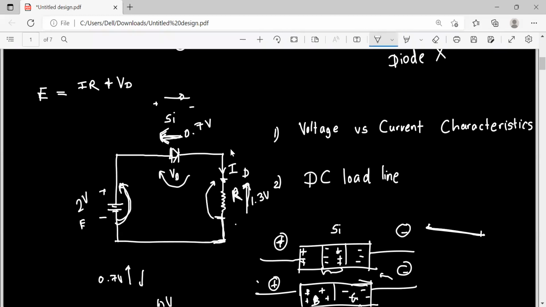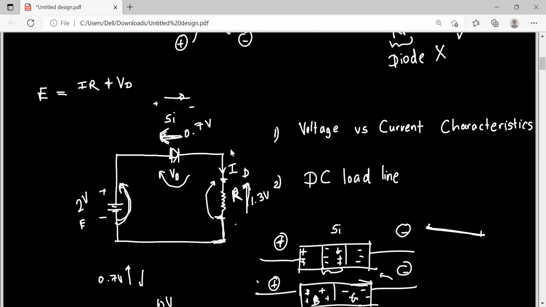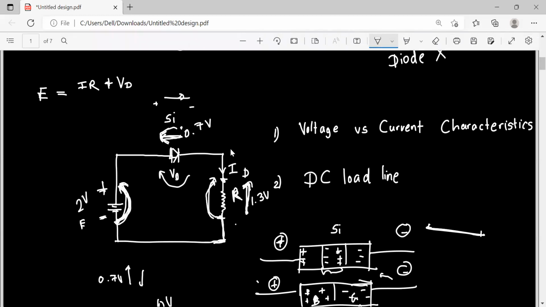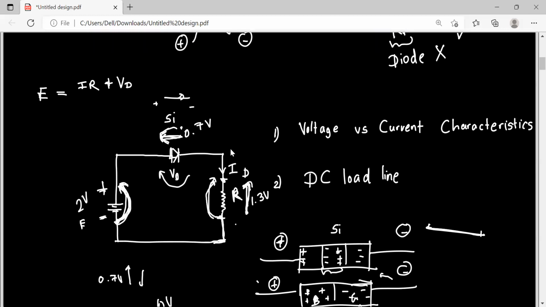The current normally moves from higher voltage to lower voltage, so we mark the voltage from the lower part to the higher part. Likewise here, we know it's going to be minus and plus, so we can directly mark minus to plus. So you can see that these two voltages are equal to this voltage plus this voltage. That's why we can put E equals IR plus VD. That's the important thing you need to notice.